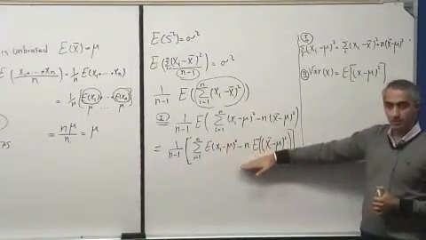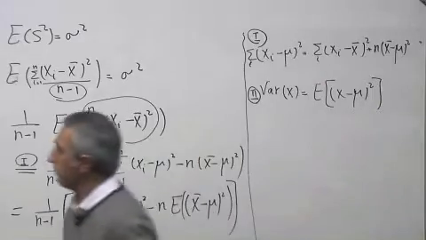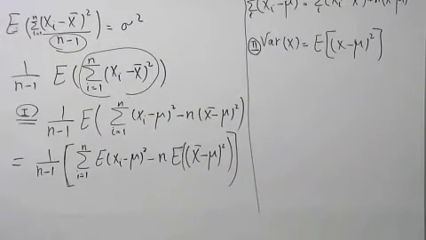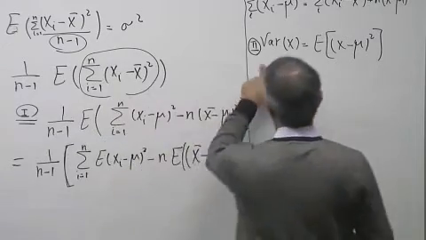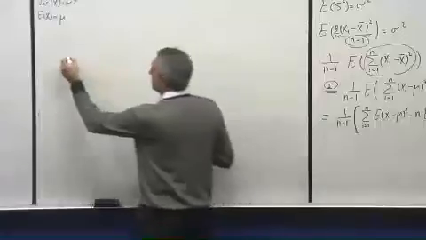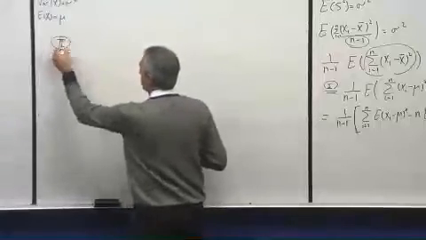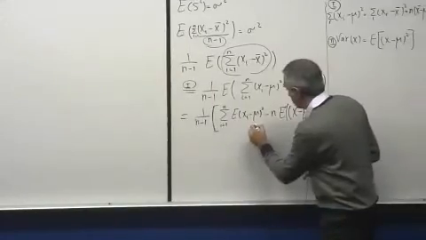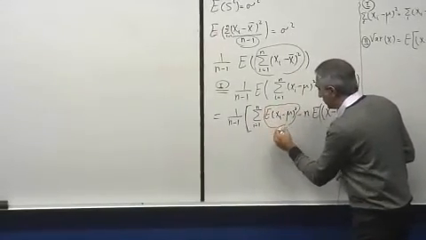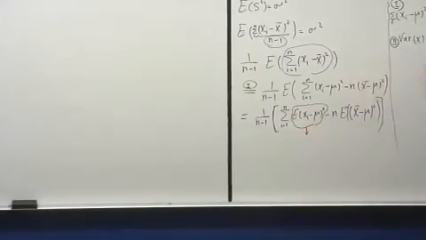Back to this. Is it clear from here to here? Okay. So what will be the next step? I just continue here. I'm going to use the second fact. So based on the second fact, I can write this guy as what?